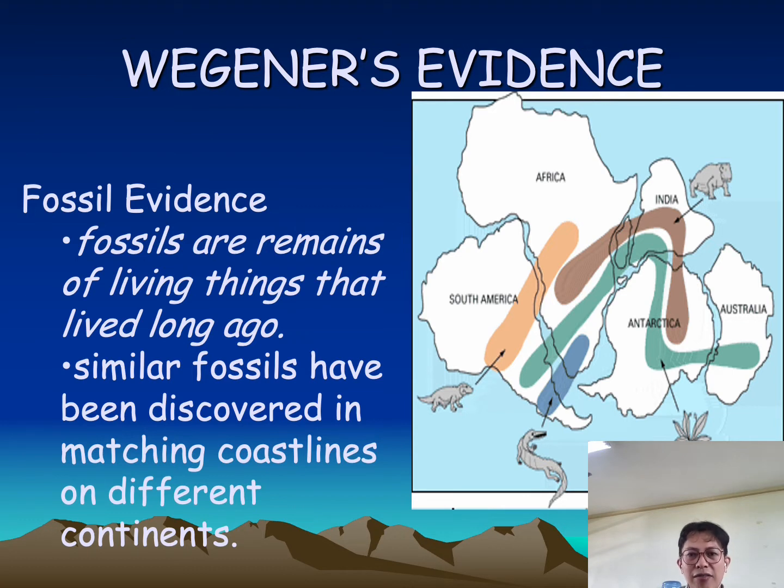And we also have this in India. Some of the fossils or remains of these animals are found in India, Antarctica, and Africa. And imagine, these animals have different characteristics. If you compare Antarctica and India, India is hotter now, and Antarctica is not as hot.